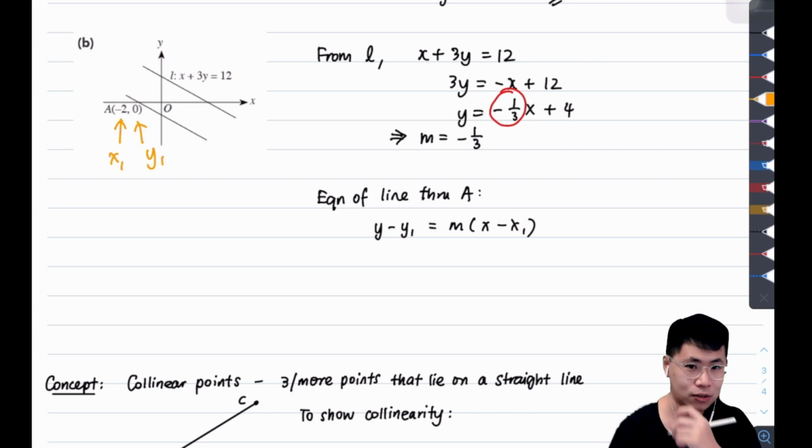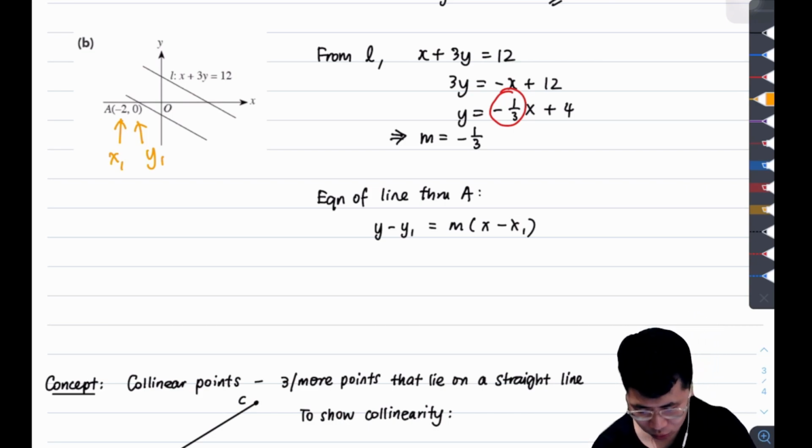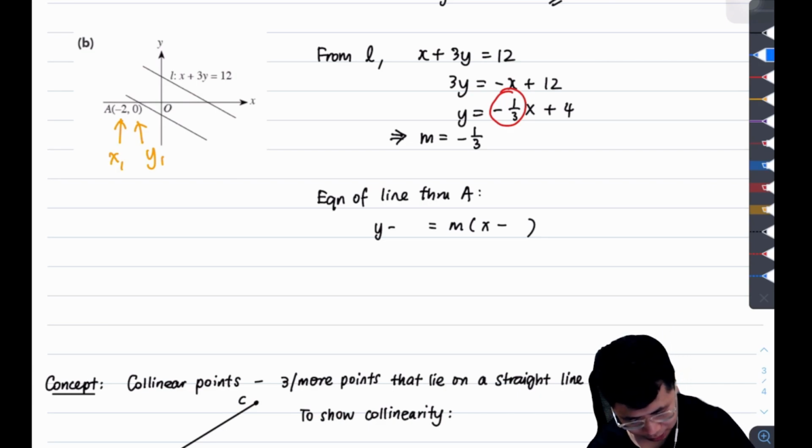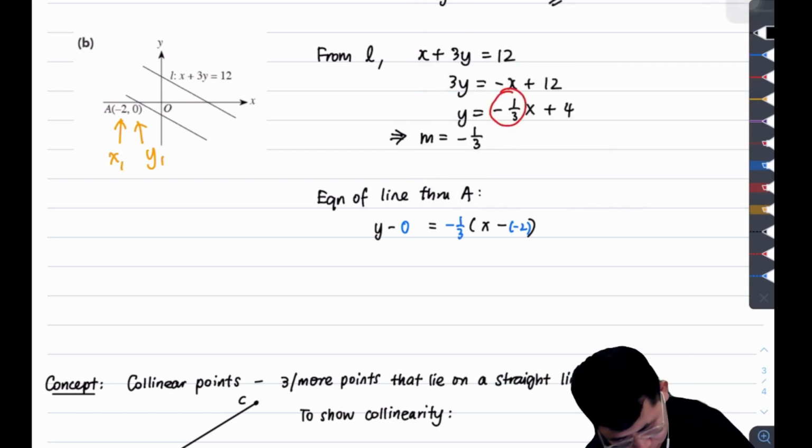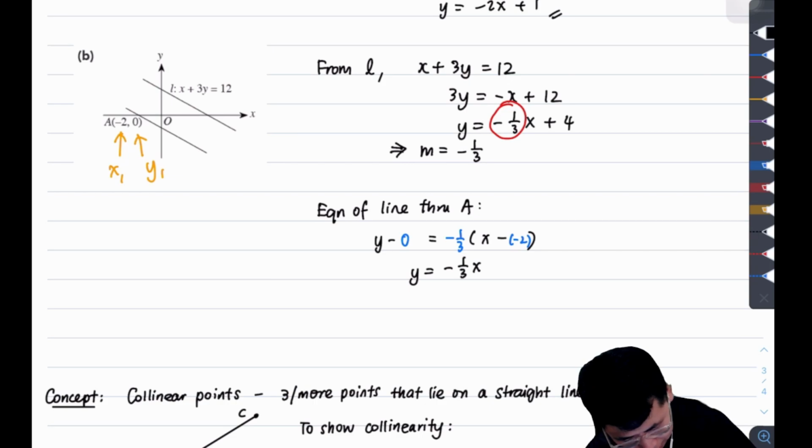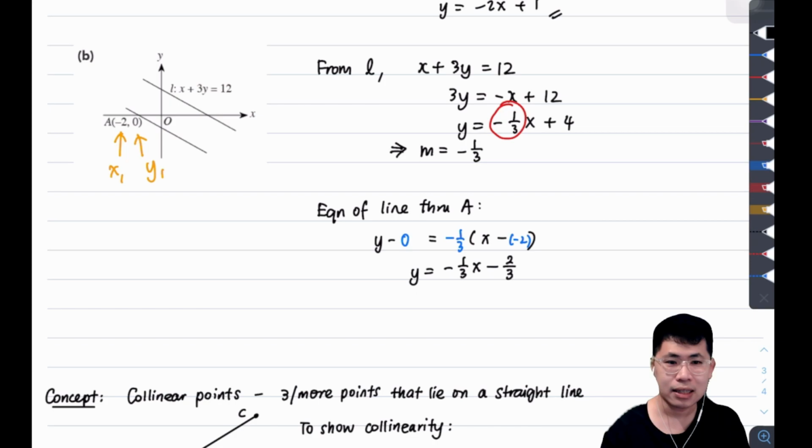So x1 is negative 2, y1 is 0. So let me sub in this point: x1 is negative 2, y1 is 0, and m earlier is negative 1/3. So y equals negative 1/3 of x, and let's expand, so x plus 2, negative 2 over 3. So this is the equation of the line through point A.